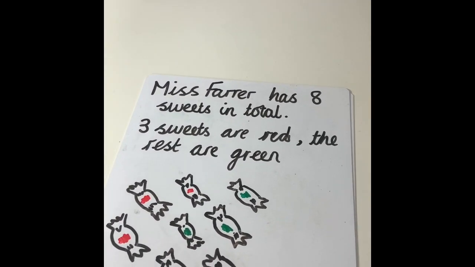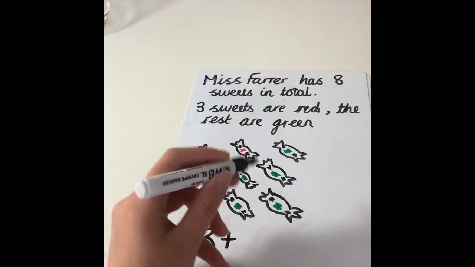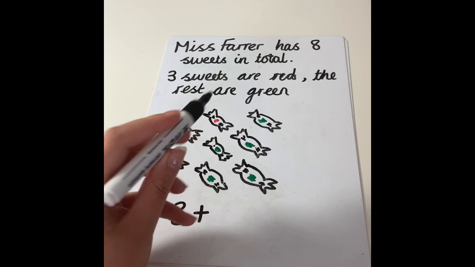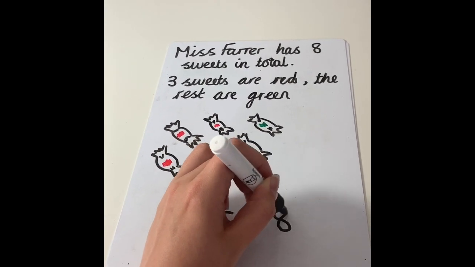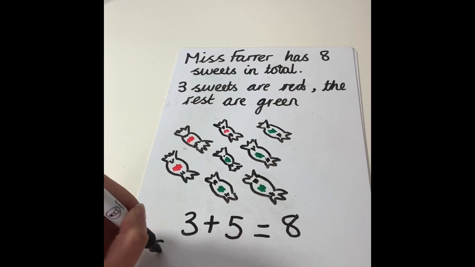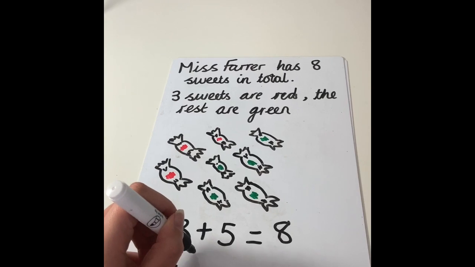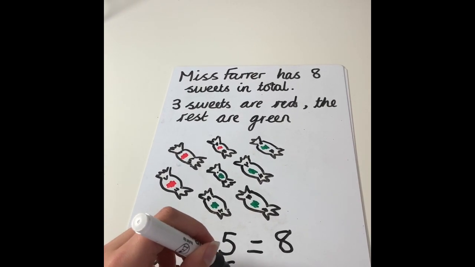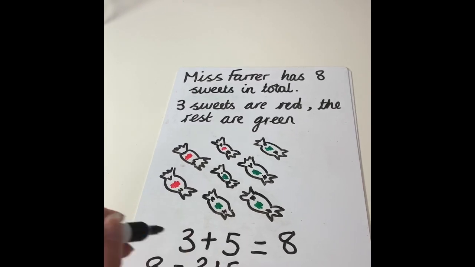So I know that 3 add 5 equals 8. Or another way, 8 equals 8 is the same as 3 add 5 or 5 add 3.